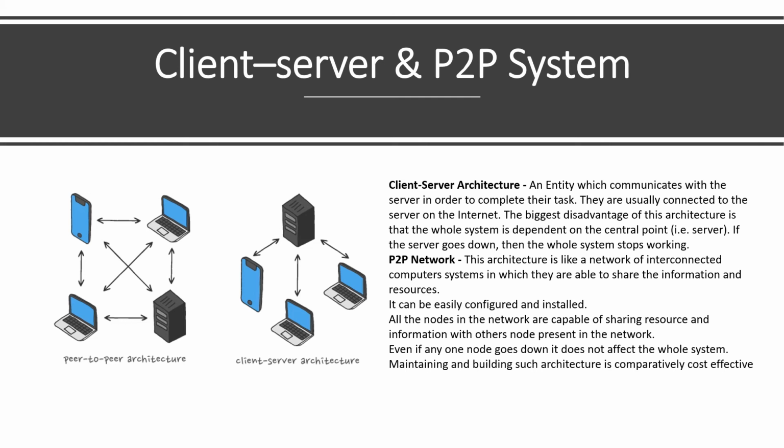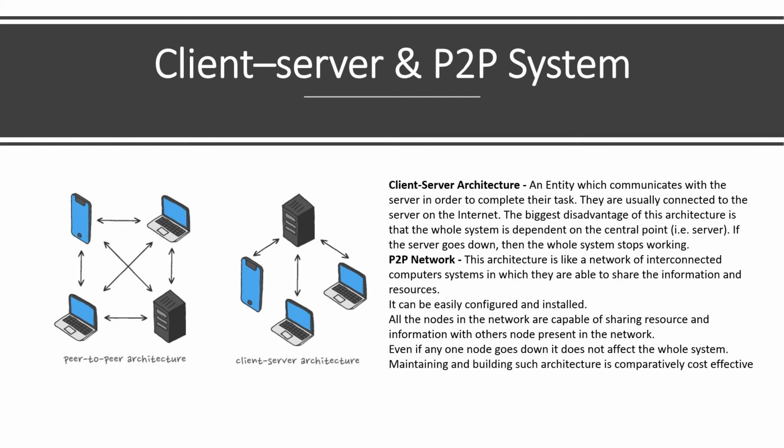Now let's talk about P2P network. This architecture is a network of interconnected computer systems in which they are able to share information and resources. It can be easily configured and installed. All the nodes in the network are capable of sharing resources and information with other nodes present within the network.